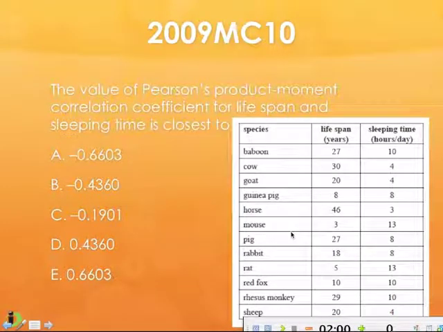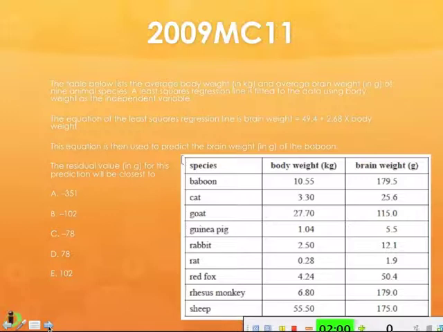All right, next question's up. And there is another question after this that may be tied to this, all right?